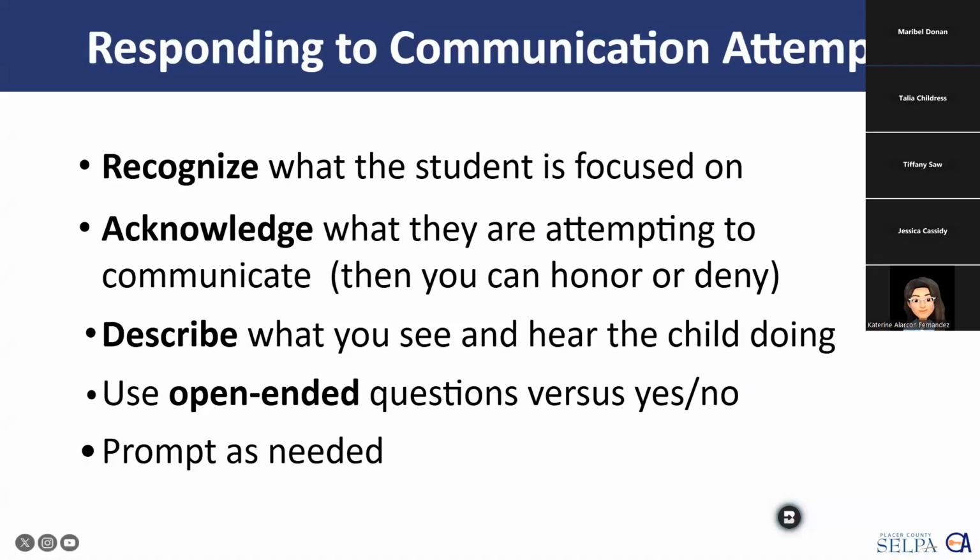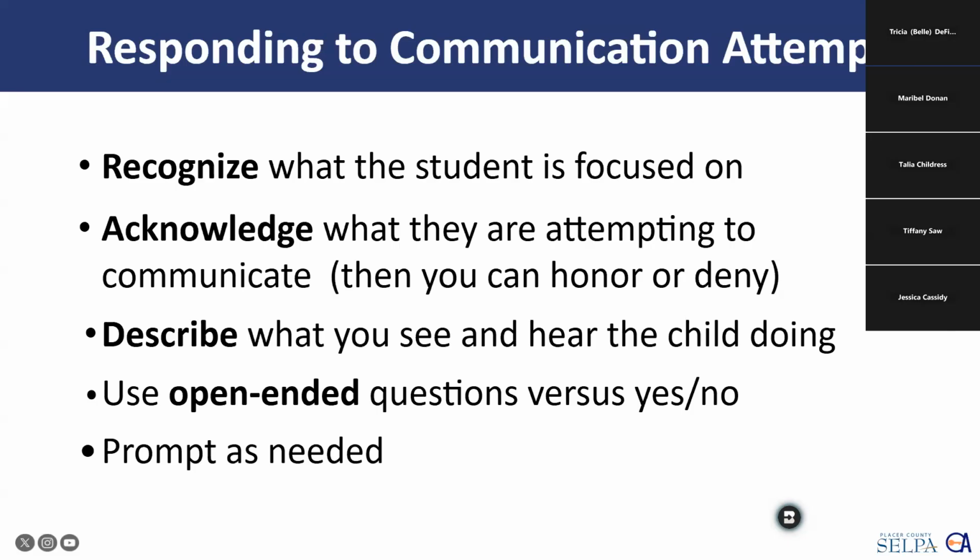We also want to acknowledge what our student is attempting to communicate, whether they communicate it verbally or through non-speaking forms. After acknowledging their communication attempt, we may reflect and model this on their AAC device or tool without having them say it again on their AAC system. So we want to avoid saying, okay, now say it on your AAC device. We honor all of those communication attempts.